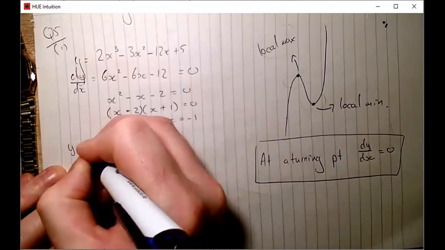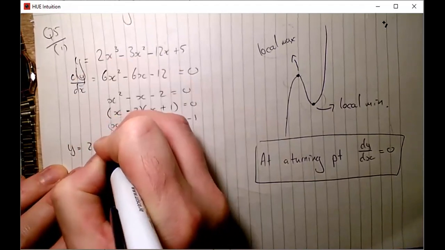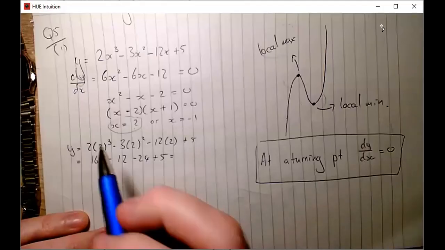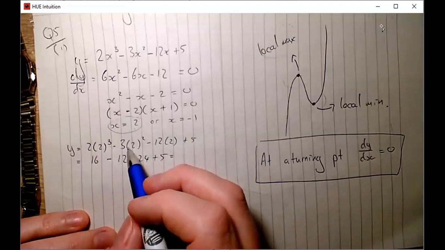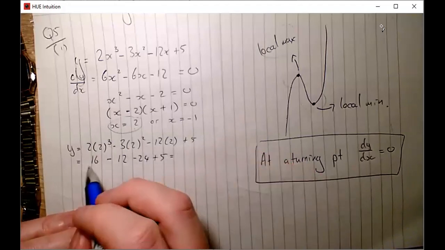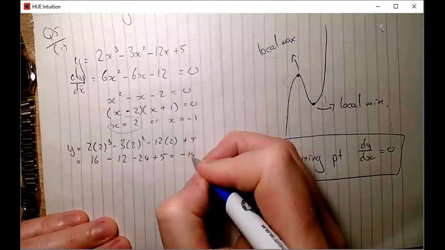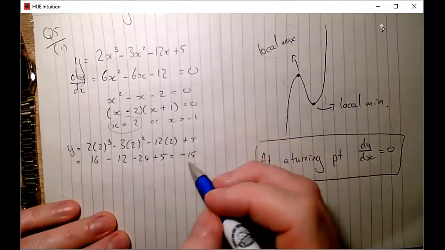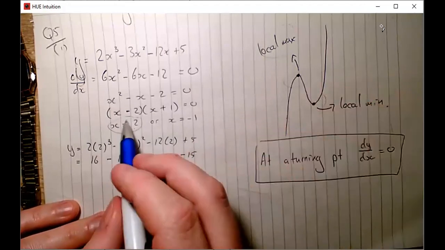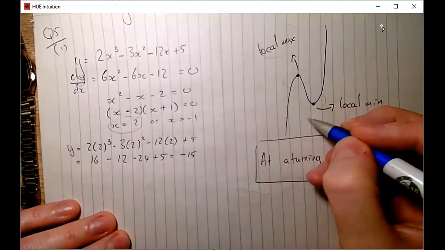So y equals 2 times 2 cubed minus 3 times 2 squared minus 12 times 2 plus 5, which ultimately gives minus 15. Sorry, I said minus 20 there. Minus 15. So that gives us one coordinate for our turning point of (2, minus 15), and that's this one.